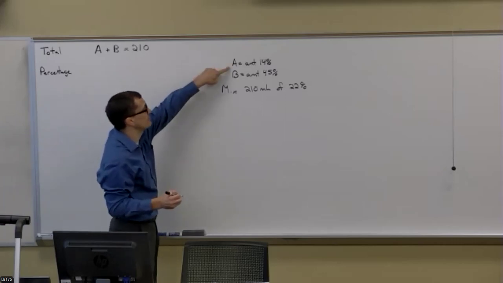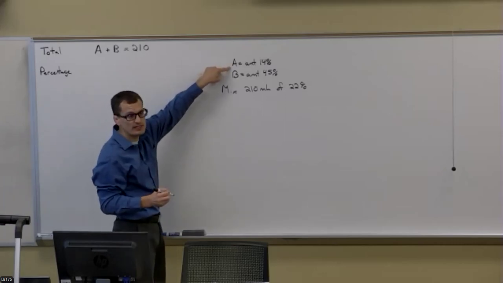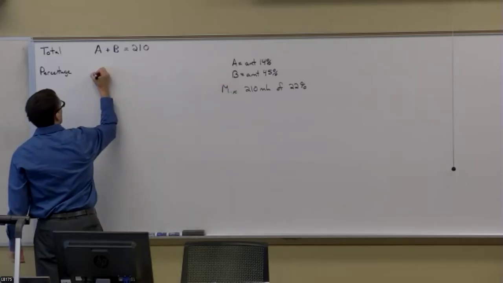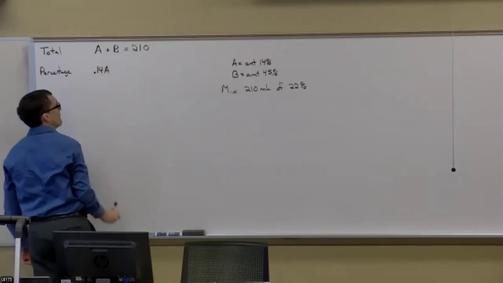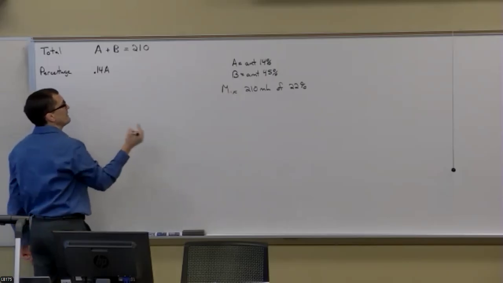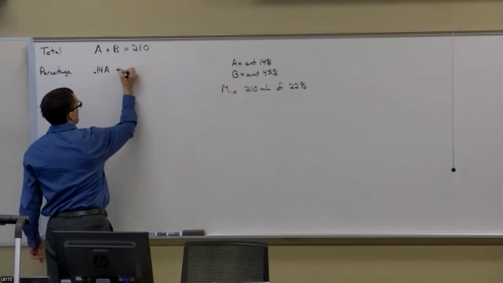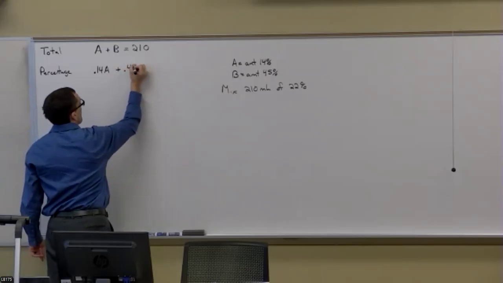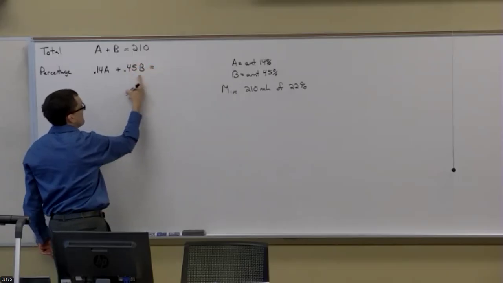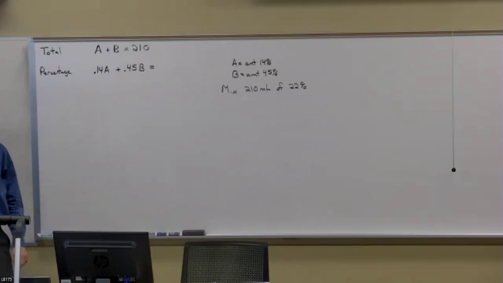And then the percentage equation. Since 14% of A is going to be acid, the amount of acid is going to be 0.14 of whatever amount that is. Since B is 45% acid, the amount of acid that you're going to be adding from B is 0.45 of whatever the B amount is.